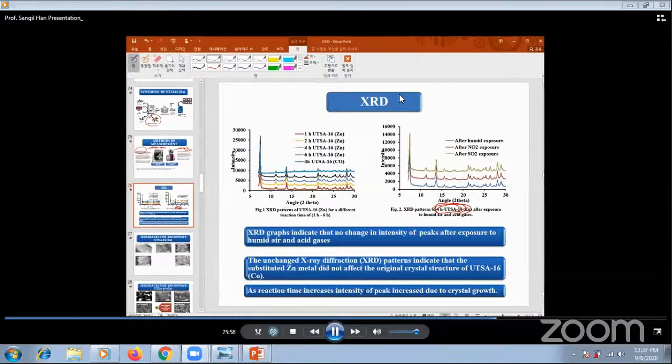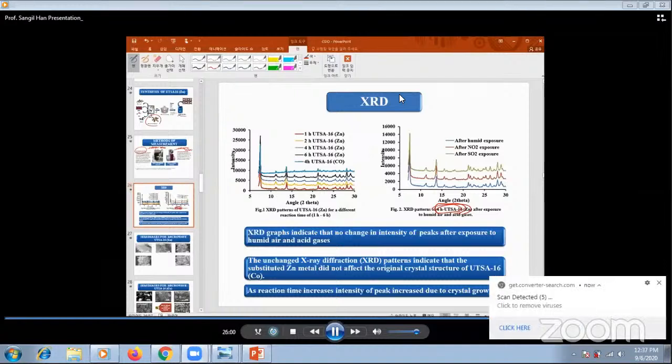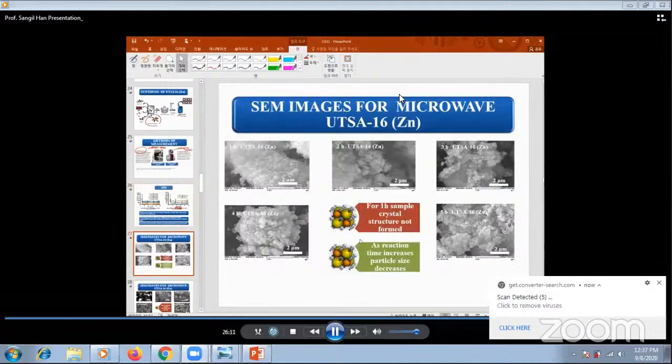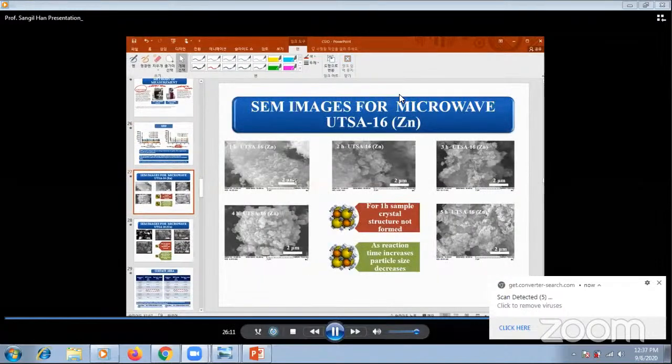For the stability test, after SOx, NOx, and humid air exposure, as you can see, all the XRD patterns are still there. That means it's stable under those harsh conditions.